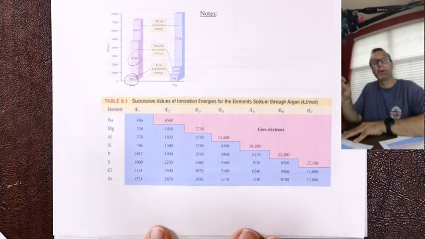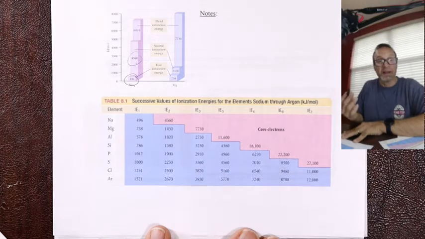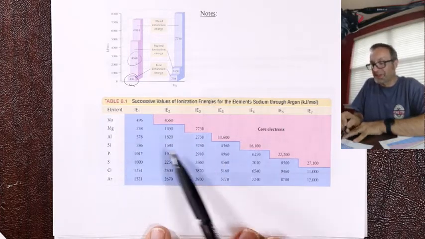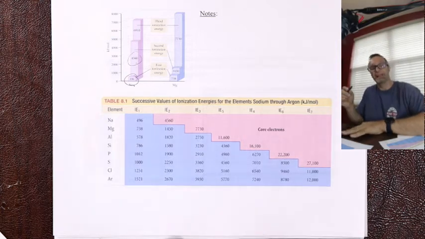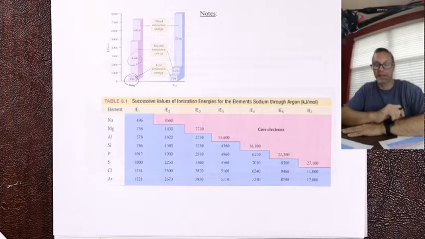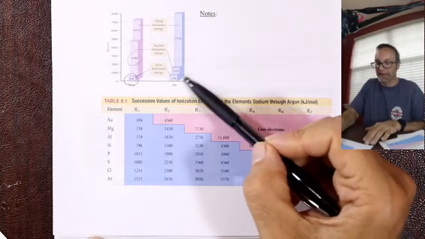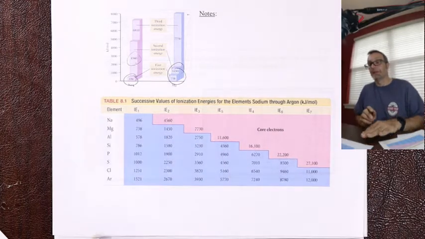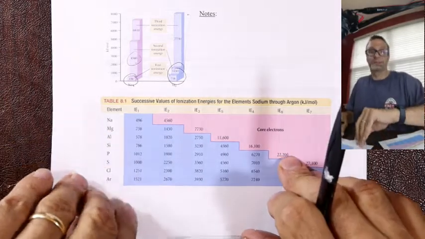It's easy to get out the valence electrons, and then once you get that underlying core, suddenly you hit a brick wall, essentially. So aluminum, the first 3 out, silicon, the first 4, etc. You see as many as there are in the valence layer that are easy, and then you hit the core and it's hard. And we see that here for magnesium, there's 2 easy ones and a hard one. Okay, so that's subsequent ionization energies.